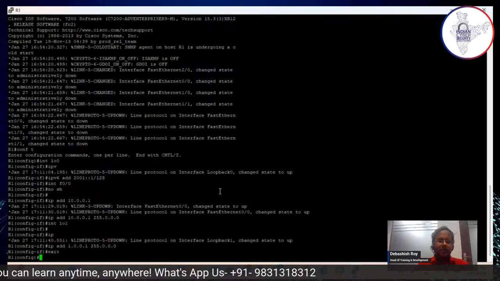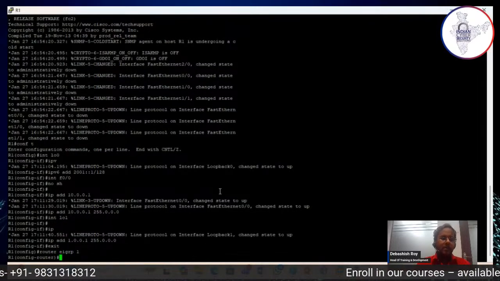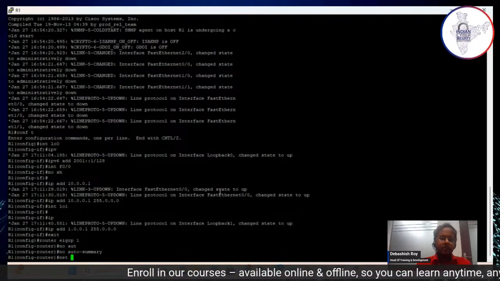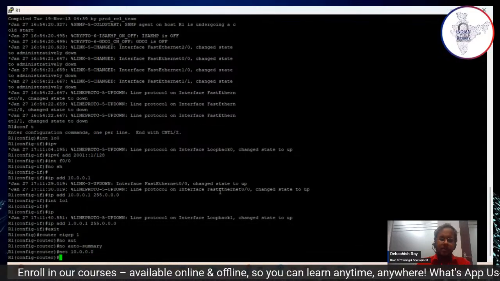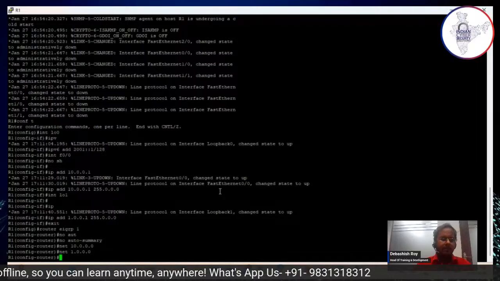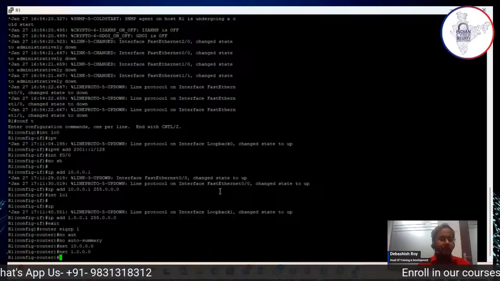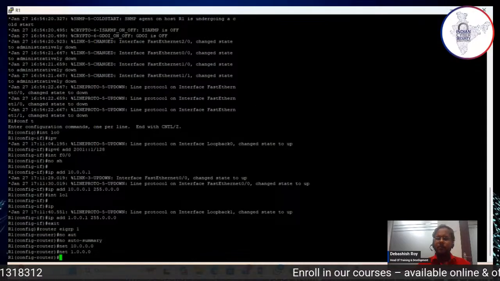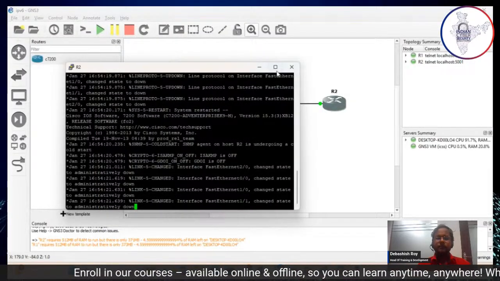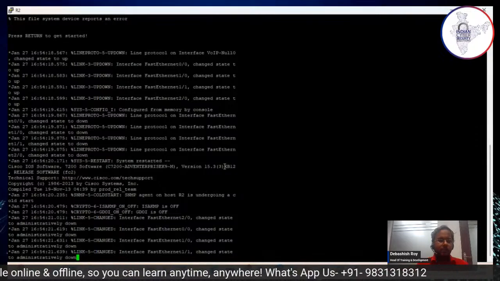And then on the router, EIGRP is number 1, and then no auto-summary, and you add the networks 10.0.0.0 and 1.0.0.0. So these two are added. And now go to router 2 here, and again give the IP addresses to router 2 as well.